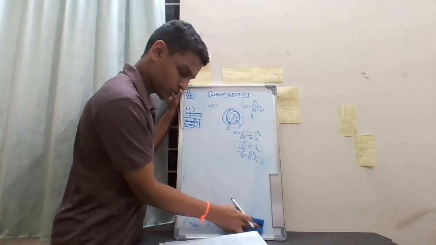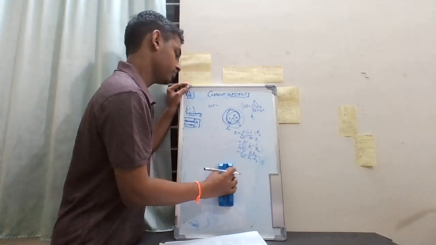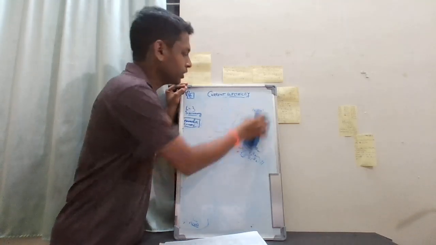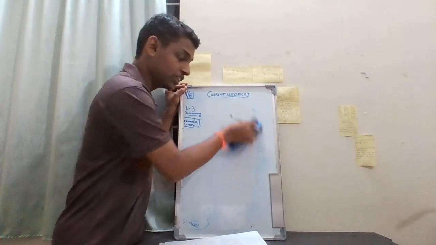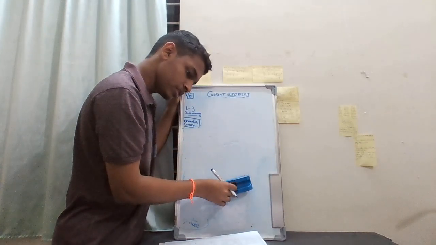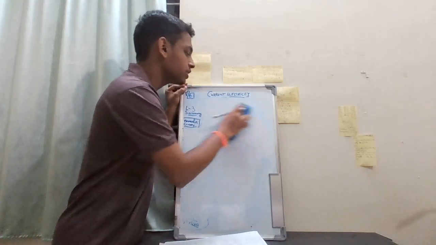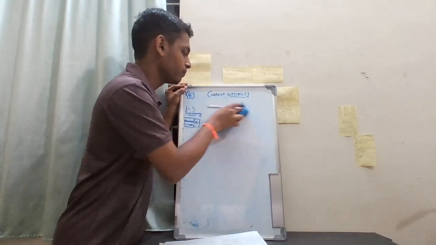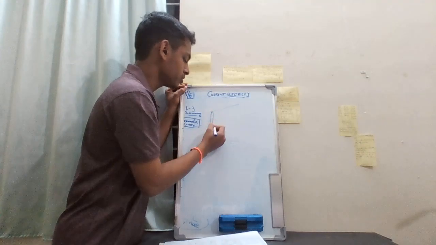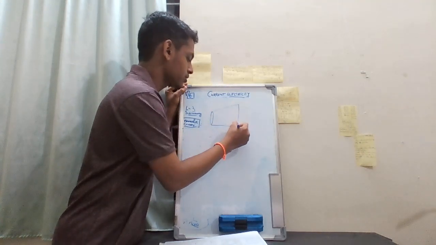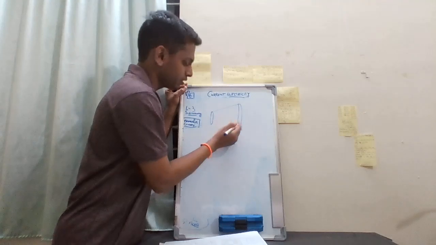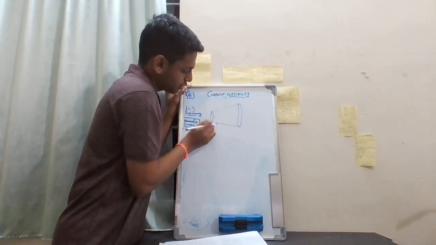Now we go to the next example, where the resistivity is not changing but rather the area is again changing. This one is a conic section, a frustum.